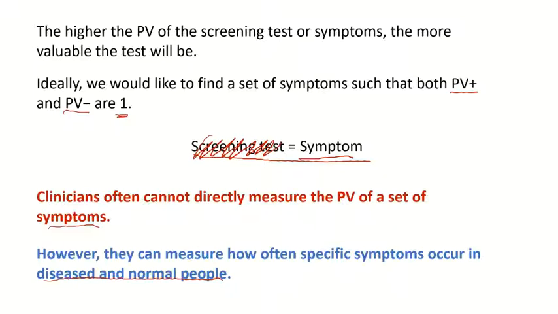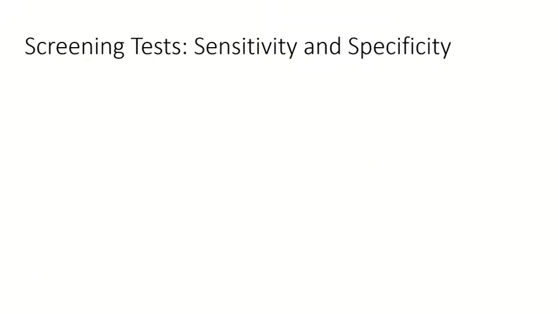And in deciding for the results of screening tests, you need the PV plus or the PV minus of the tests. Now we have a problem because not everyone will get a screening test. So instead, we look at the symptom. And when we look at the symptom, we no longer go to the PV plus and minuses. Instead, we now have what we call the sensitivity and specificity of symptoms.